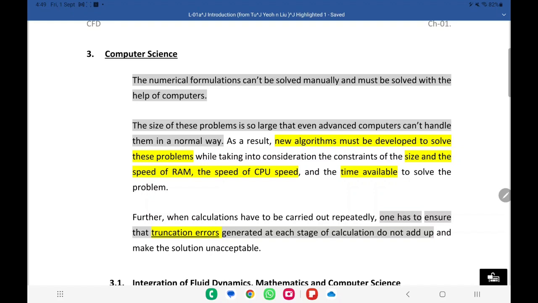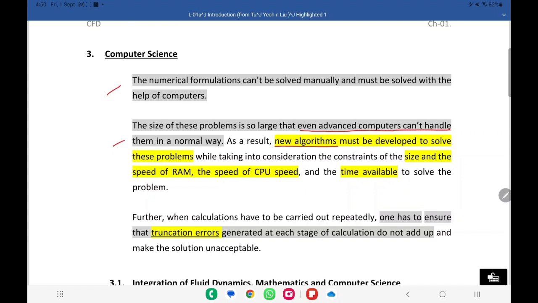We know that we have to use computers, there is no doubt about it. Then the size of the problem is so large that even advanced computers cannot handle it. We also know that. So then you have to develop new algorithms to solve the problem.